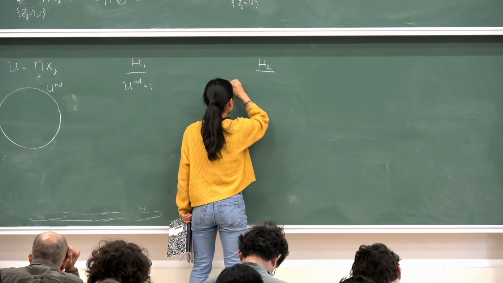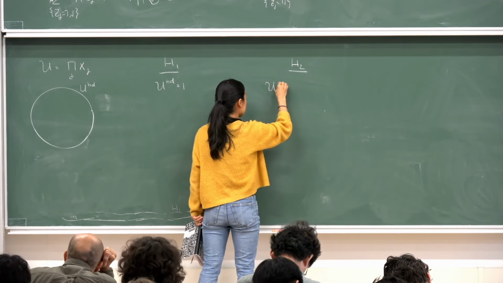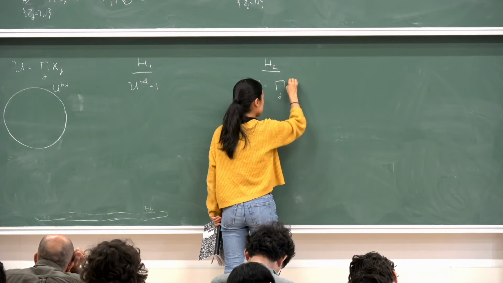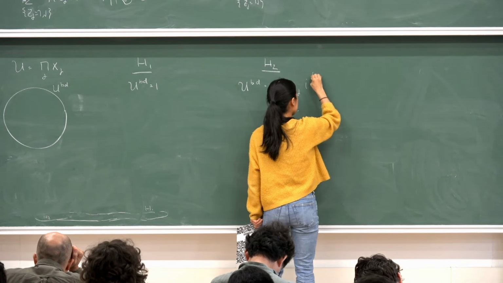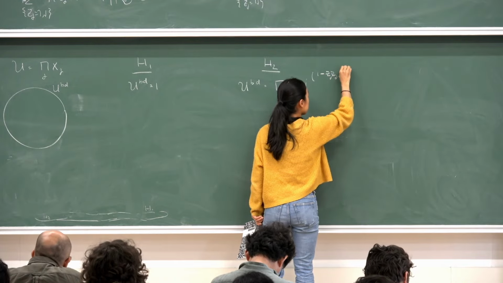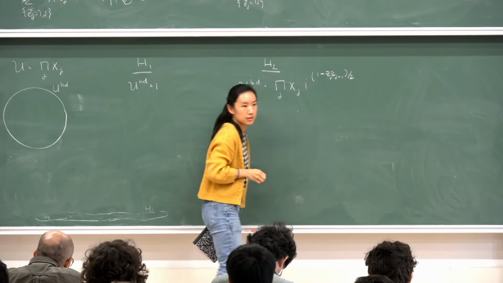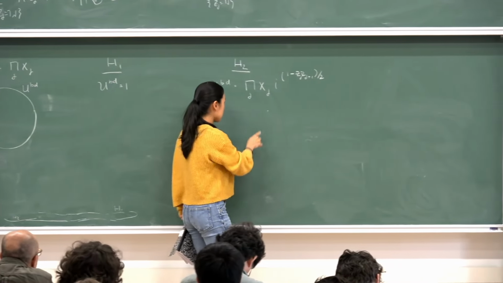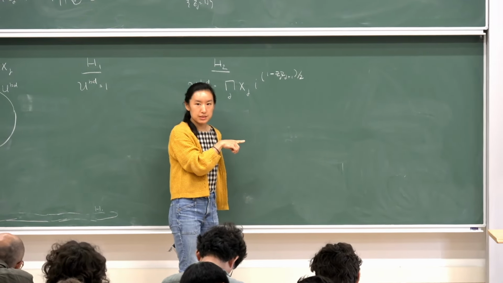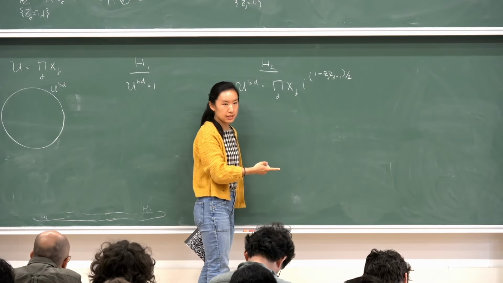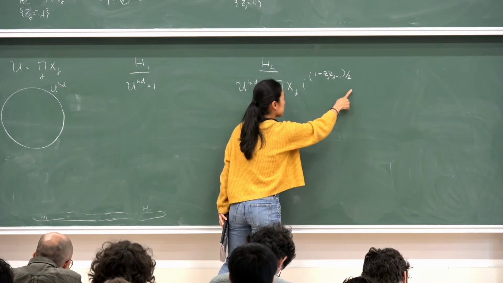But for H2, what you'll find is that U boundary looks something like this. And so this is symmetry in 1 plus 1D. And it isn't just a product of sigma x on every site. It comes with this factor.